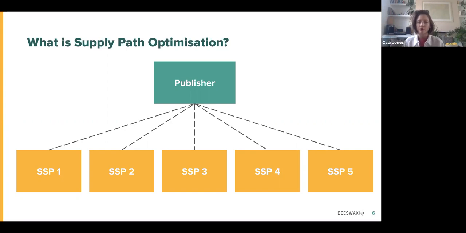So now, as a user comes to that publisher website, maybe I've put 5 in this example because I couldn't put 10 on one slide. We'll stick with 5 because it's nice round numbers as well. But maybe more of those supply side platforms will be sending out that bid request.